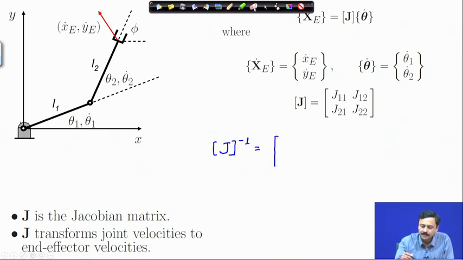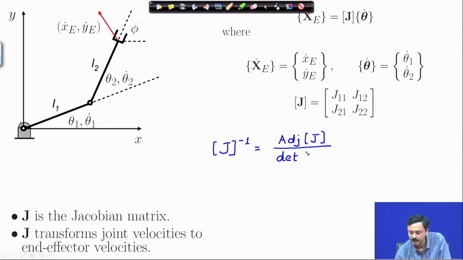So, let me first define the inverse. The inverse is defined as the adjoint of the matrix divided by the determinant of the matrix.